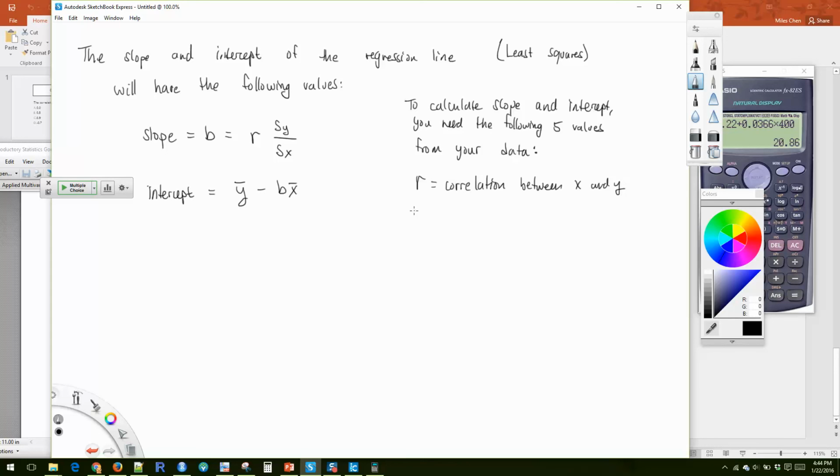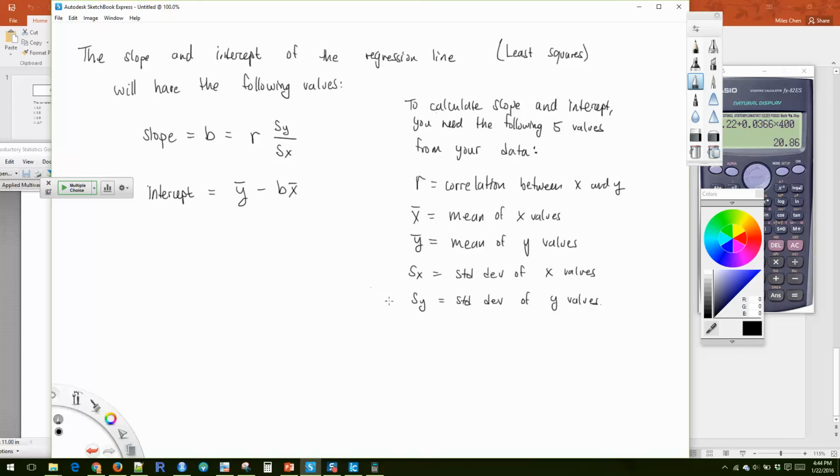Okay. You need x bar, which is the mean of the x values, y bar, which is the mean of the y values. You need s sub x, which is the standard deviation of the x values, and s sub y, which is the standard deviation of the y values. Okay?